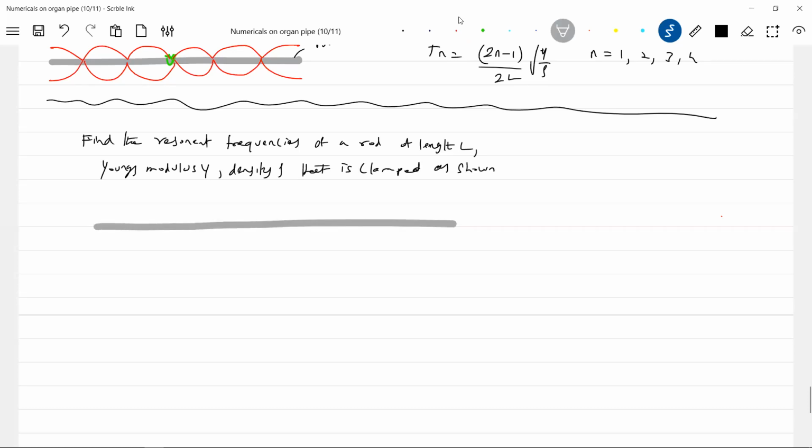There's a rod. Midpoint. Okay, now we'll take the rod to be clamped at L and 3L. Okay, yeah, this is possible.